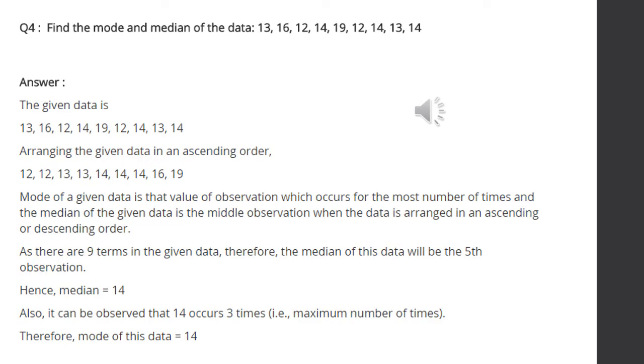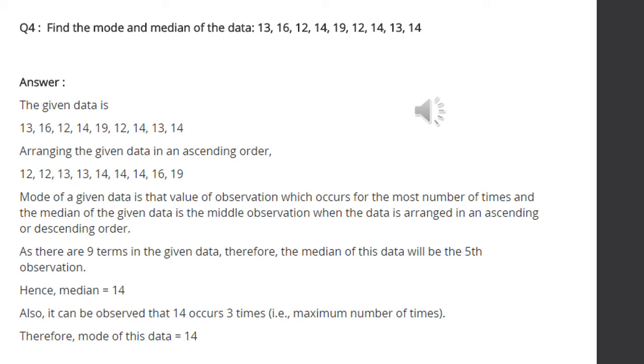Question number 4, we have to find out the mode and median of the given data. We are following the same method. We first arrange it in ascending order, then count the number of observations: 1, 2, 3, 4, 5, 6, 7, 8, 9. So 9 is the number of observations, that is equal to small n.